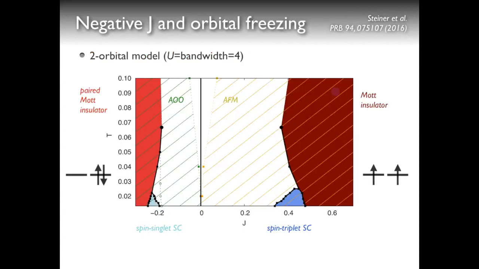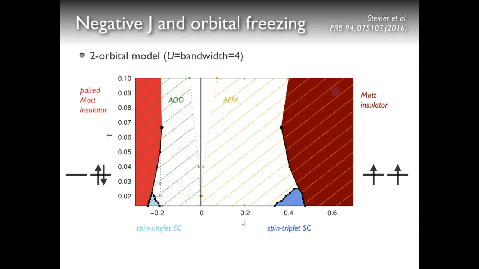Now let me briefly talk about negative Hund coupling and superconductivity in these multi-orbital systems. Here's a phase diagram at half filling in the 2-orbital case. At positive Hund coupling, we have what we discussed before, basically this orbital singlet spin triplet superconductivity next to a Mott insulating phase with predominantly high spin configurations.